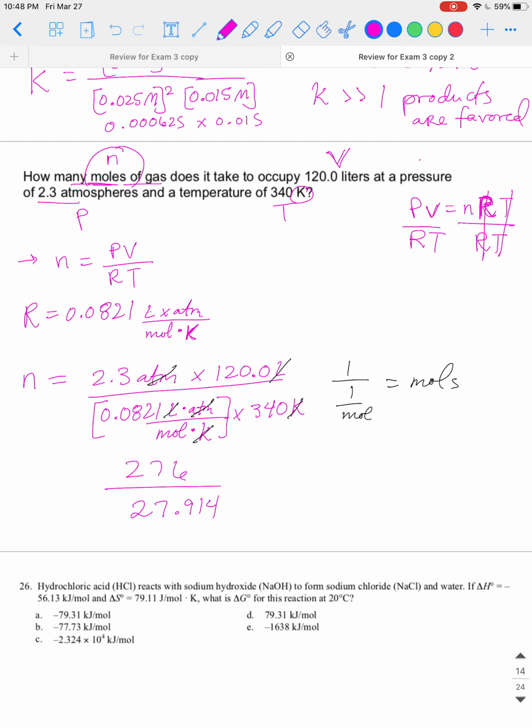I did my numerator all together, then I multiplied the numbers in my denominator, and now I'm going to do one more math problem here. 276, the top, divided by 27.914, and you should get, if I'm rounding, 9.89 moles. Okay, so that is the number of moles here for this problem.